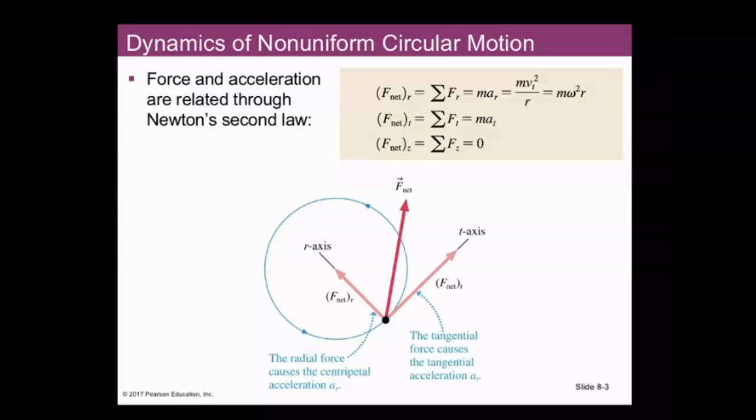In the t direction, the sum of the forces is equal to mass times the tangential acceleration. And then perpendicular to that plane is the net force in the z direction. If there are no forces in the z direction, they sum to zero.